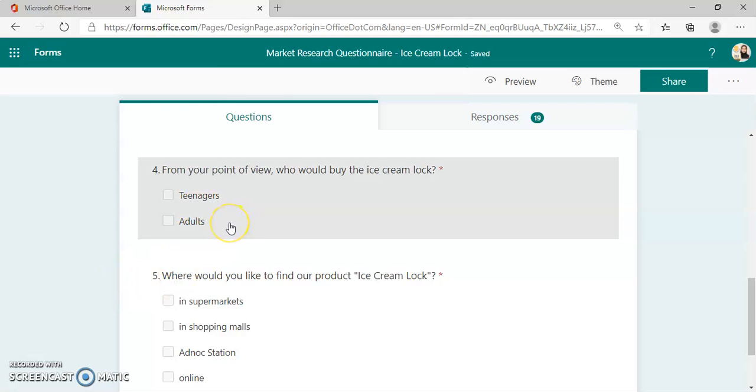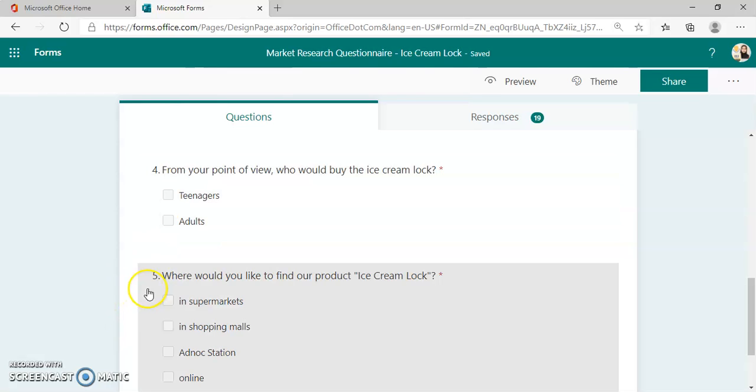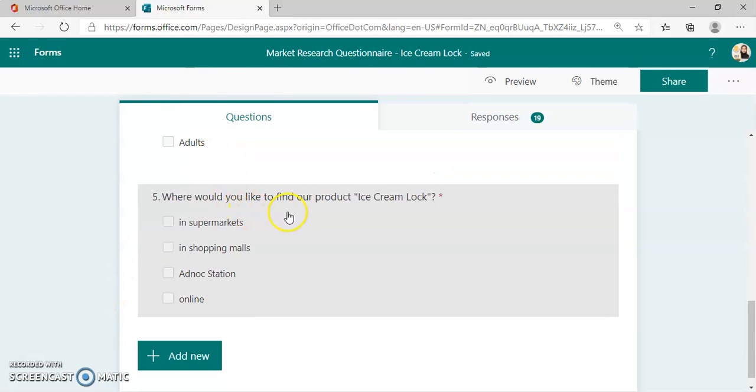Teenagers or adults? As you can see, this question would help students identify the target market for their products. Number 5, where would you like to find our product, which is ice cream lock? In supermarkets, in shopping malls, at petrol stations, or online?